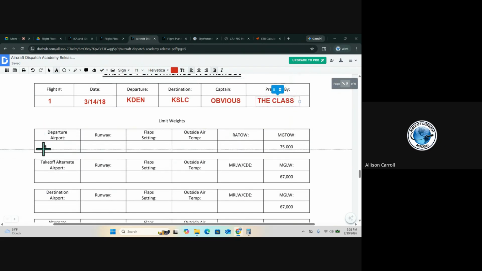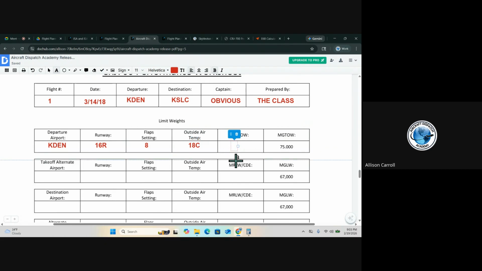All right, now we're going to go into the different weights and more details about the runways and stuff. Departure airport, again, Denver. 16 right. Flap setting 8. Outside air temperature 18 degrees Celsius. Runway allowable takeoff weight.